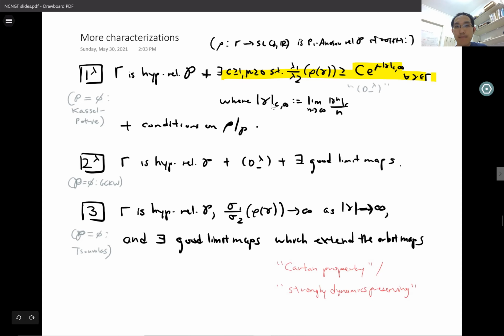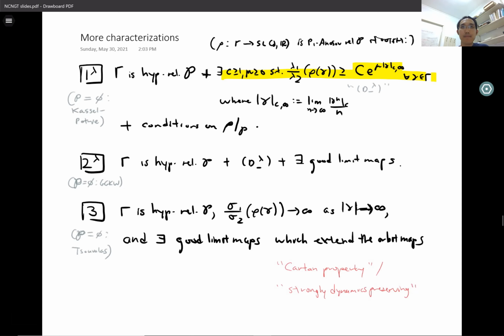And since moduli of eigenvalues are asymptotic versions of singular values, this D minus lambda is an asymptotic version of the condition that our subgroup is avoiding certain intersections of maximal flats. And in the case where we have no peripheral subgroups, 1 lambda is due to Kassel–Potrie, and 2 lambda is due to Guichard–Wienhard as well.